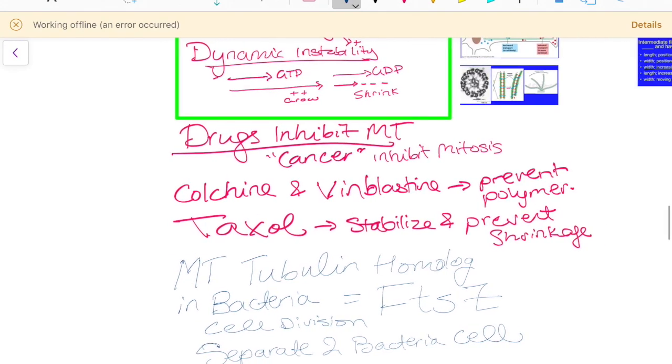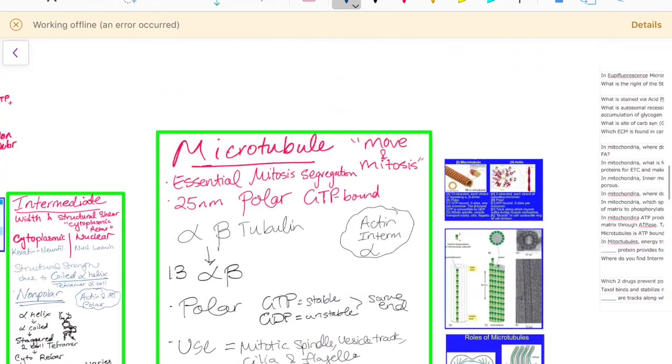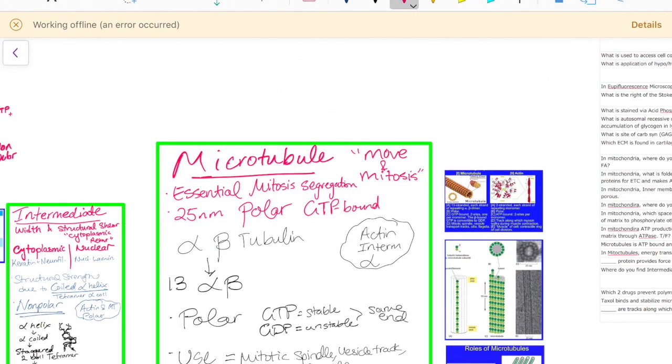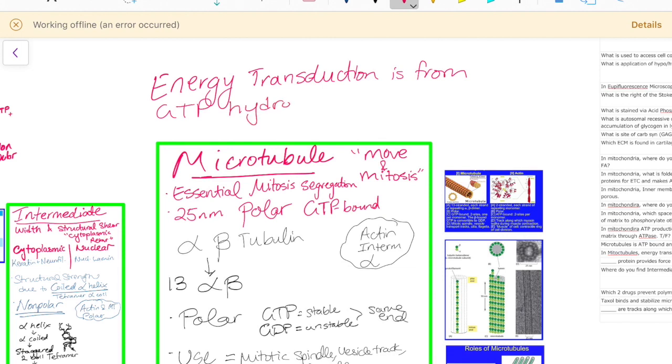Lastly, the most important concept is the energy transduction for microtubules, basically. So this is a fact to remember. Energy transduction is from GTP hydrolysis, from a kinesin powered motor or kinesin motor, and not from the microtubule.